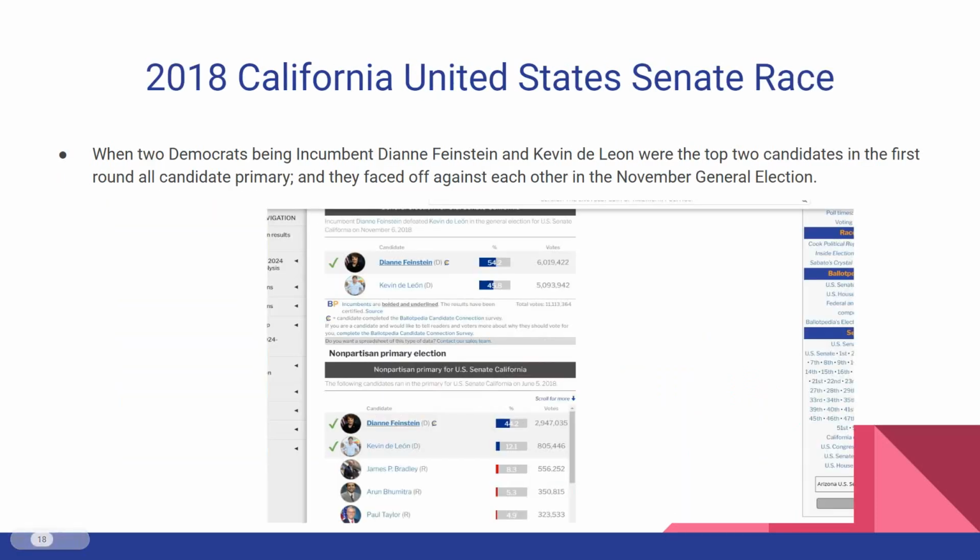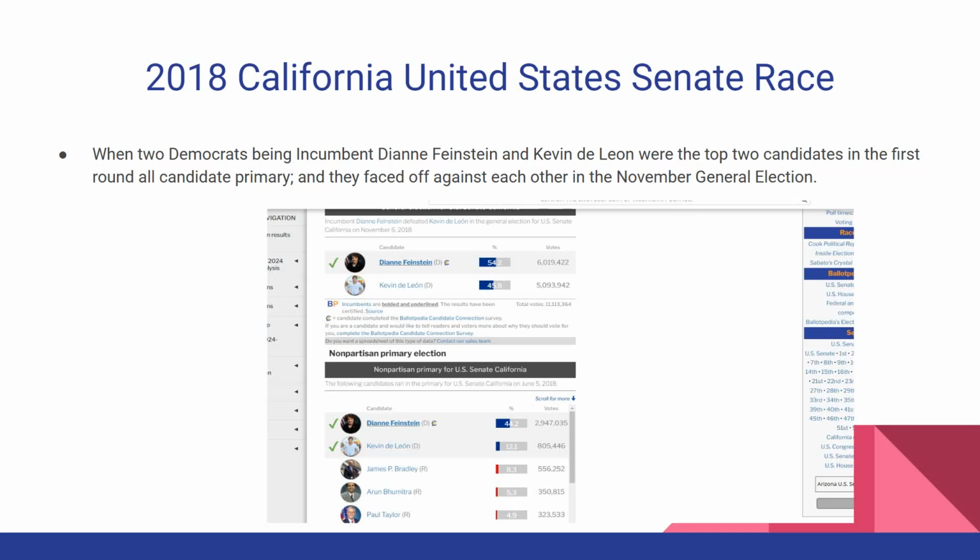My very first election that I voted in as a Californian voter was the 2018 primary election, where I voted in the United States Senate race. I voted for the governor of California, lieutenant governor, House races, state legislature, and so forth.